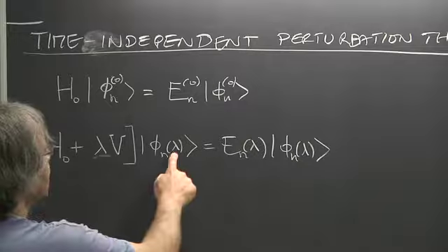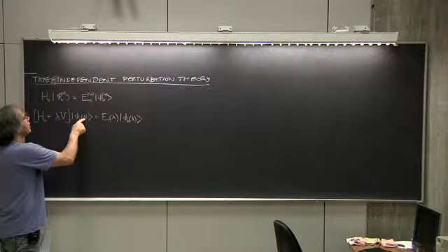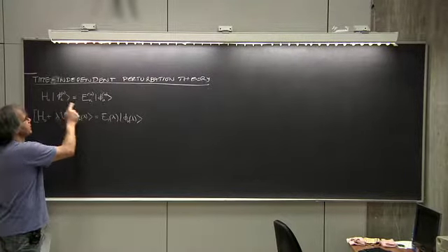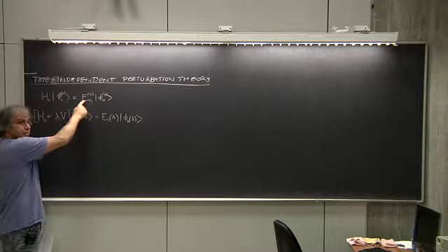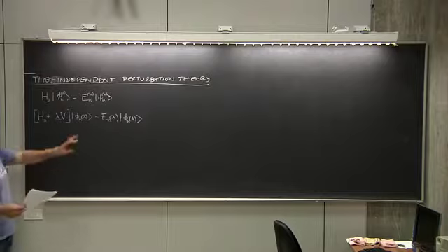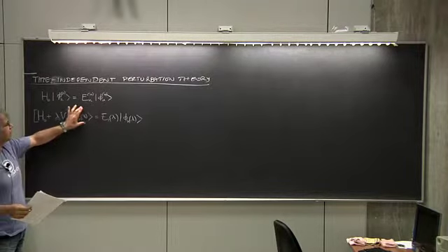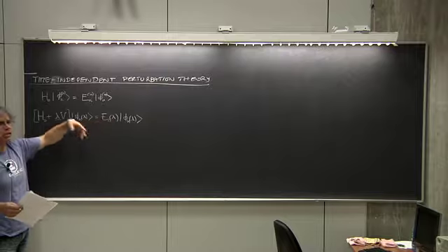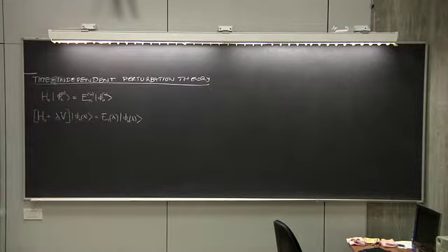Obviously, in the limit lambda going to 0, you expect that this should go to this, and this should go to that. So we expect that in some sense, we should be able to perhaps expand these states and these energies in terms of simpler things. So set up some expansion, some systematic way of expanding the new solutions that we want.